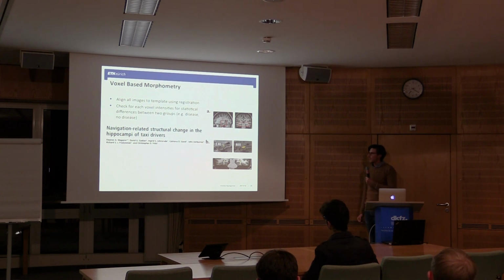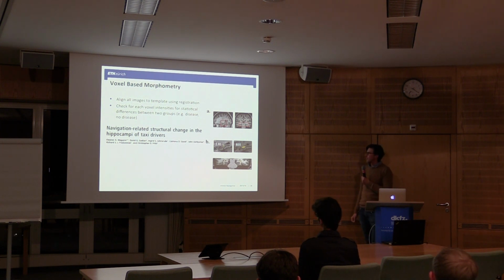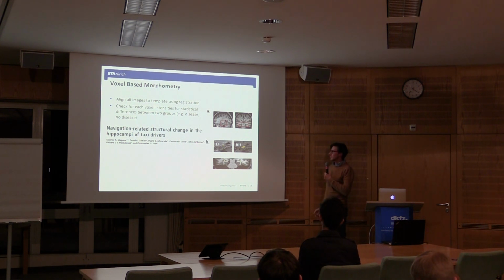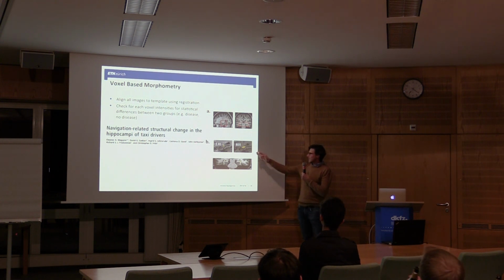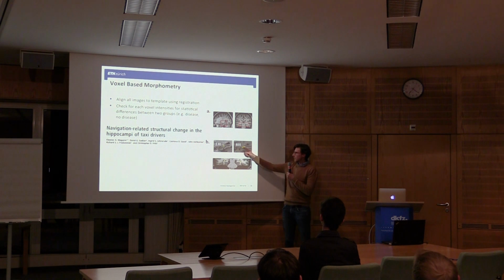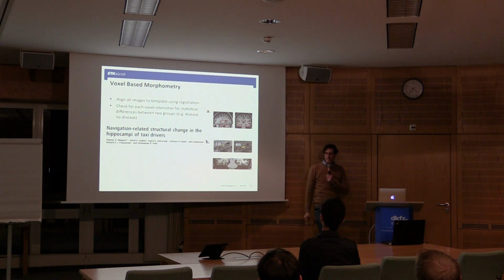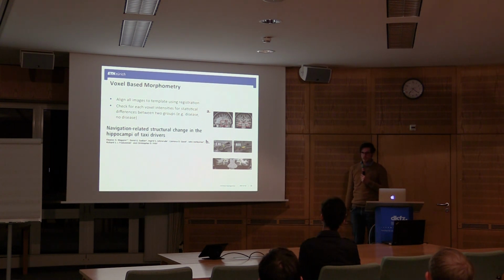Interestingly, one of the first studies this method was applied to was to study the brains of London taxi cab drivers. And it turns out that when you compare the brains of taxi cab drivers to normal people, well, not that taxi cab drivers are not normal people, but people who don't drive taxis, you can see that the taxi drivers have significantly larger hippocampal areas.